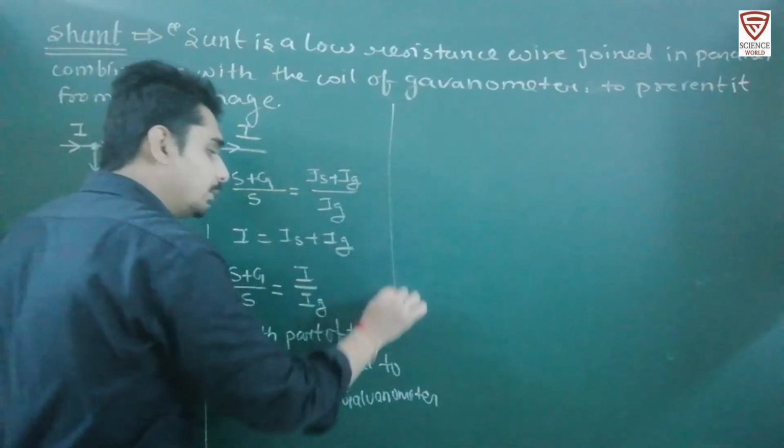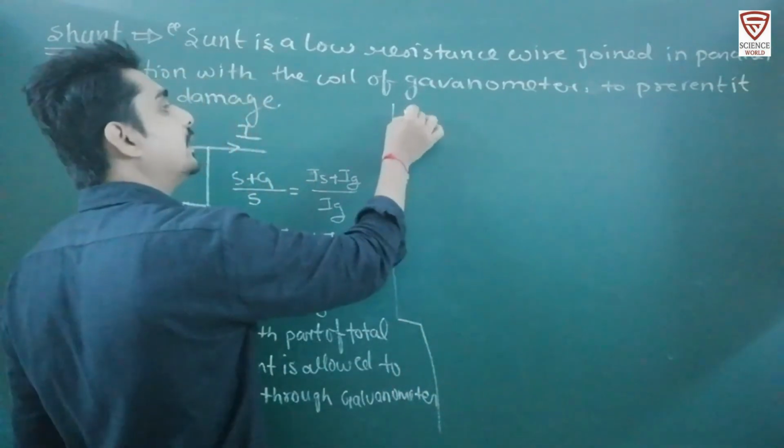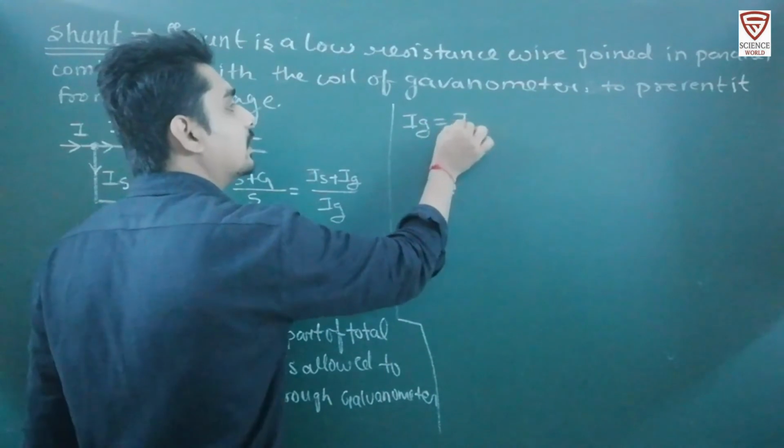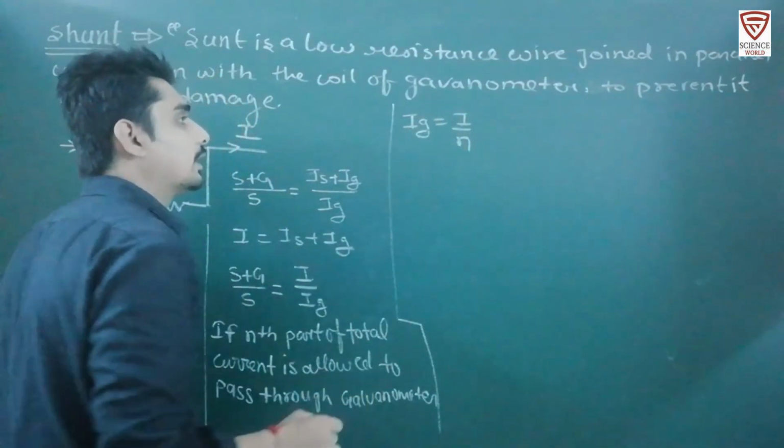So we can write down that current passing through galvanometer is nth part of total current.